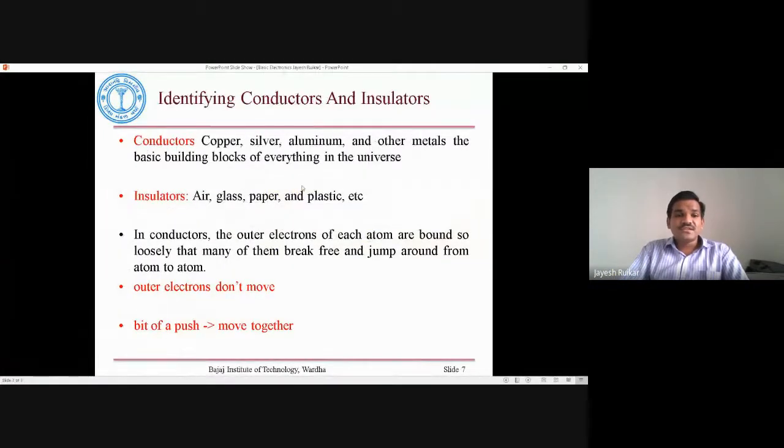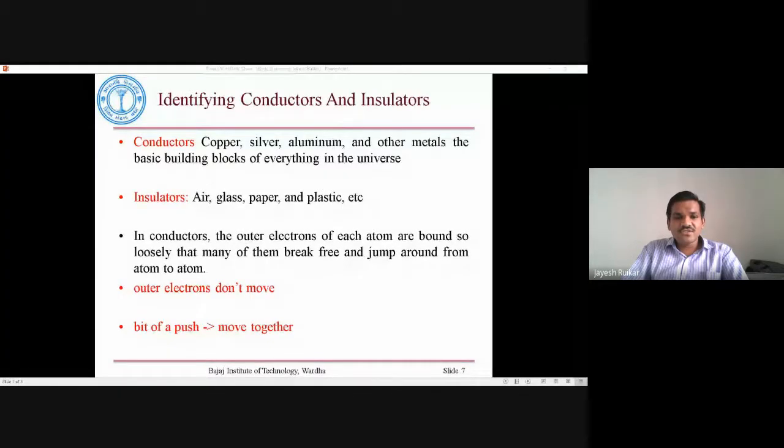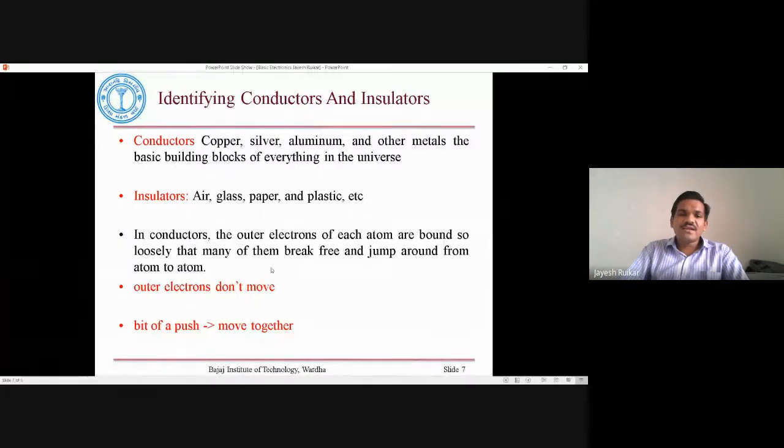In conductors, the outer electrons of each atom are bound so loosely that many of them break free or jump around from atom to atom. In normal conditions they don't move in one direction, but if we give a bit of push in one direction, they quickly get organized and then move together in that particular direction.